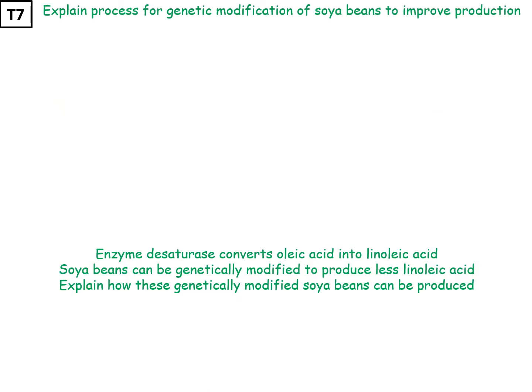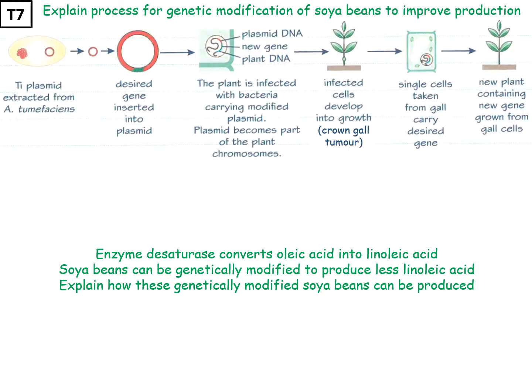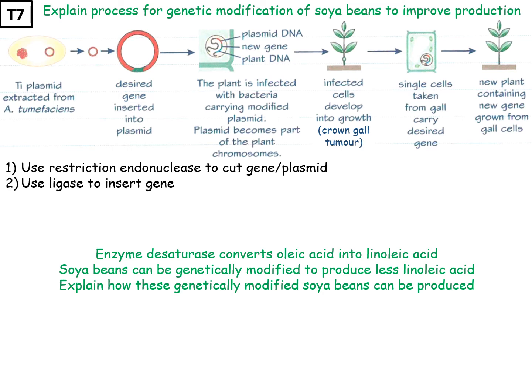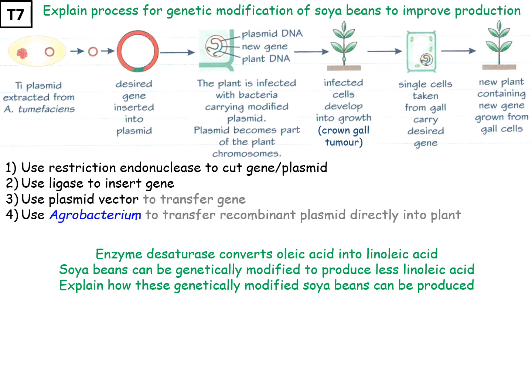Explain the process for genetic modification of soybeans to improve production. So here, if we look at this example, you'd have to use a restriction endonuclease to cut the gene or plasmid. Therefore, you produce the same sticky ends. You'd use ligase to insert the gene. Then you'd have to use a plasmid vector to transfer the gene. When you've got your plasmid vector, you'd have to put it into a bacteria to help transfer of the recombinant plasmid.